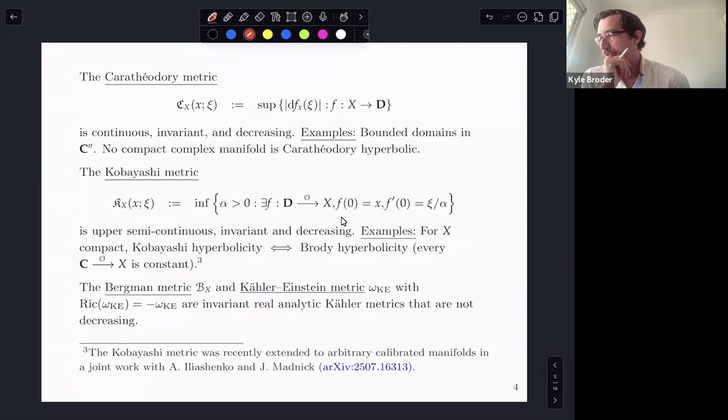Here, for a point x in the manifold and a tangent vector xi, we take the supremum over all holomorphic mappings from X into the disk. We look at the differential, evaluate it at xi, take its norm, and take the supremum of that. This looks not so unnatural, but how would one come up with it?